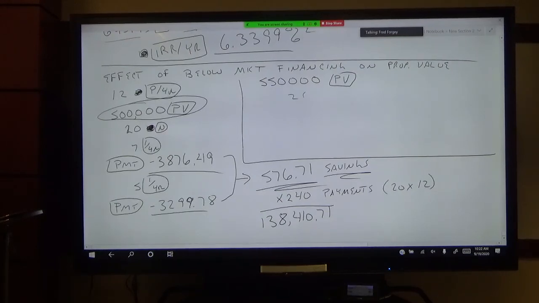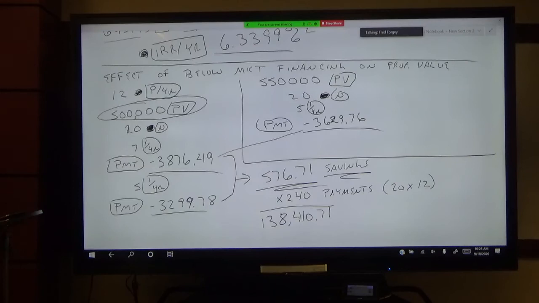But I'm still willing to give you a 20-year loan at the lower interest rate of 5%. So let's take a look at what that does. Still a lower payment, $3,629.76. So that's still a couple hundred lower than what I had previously.